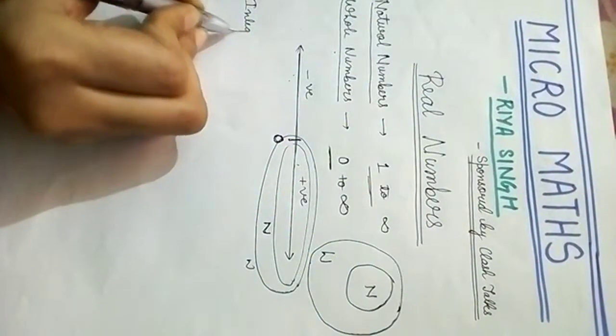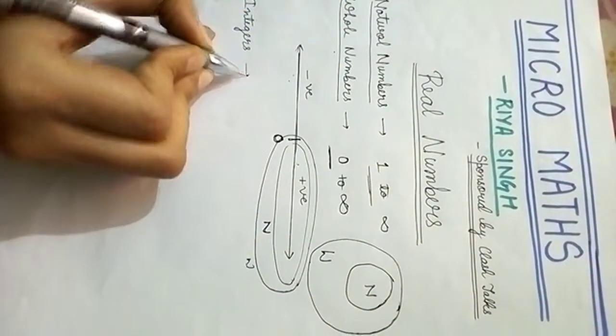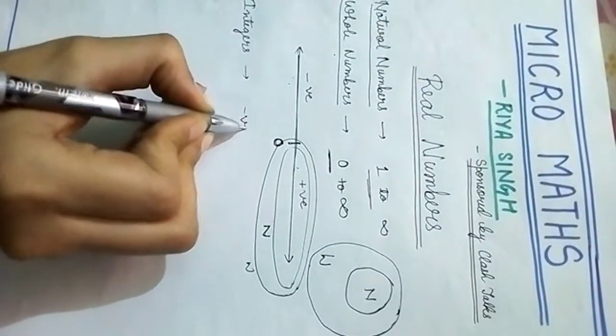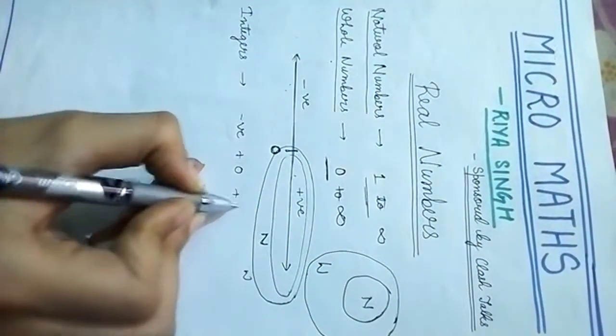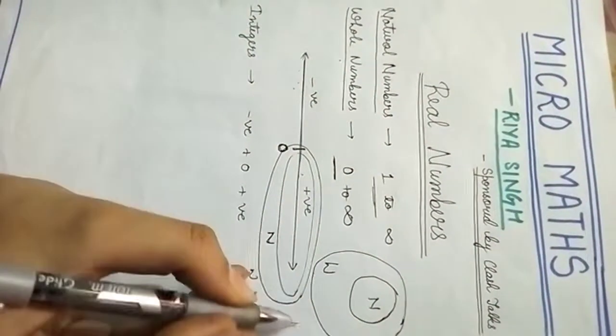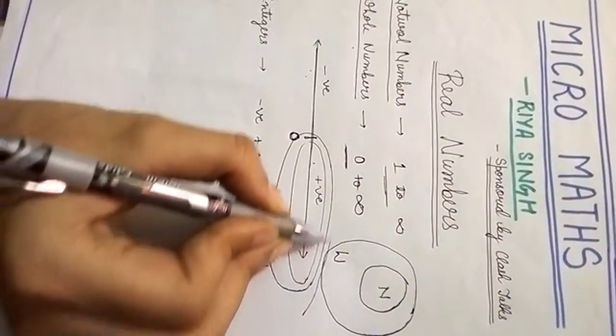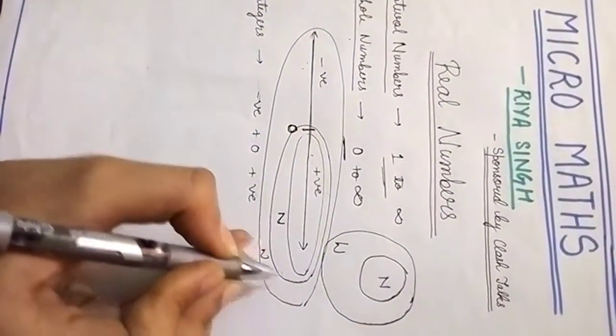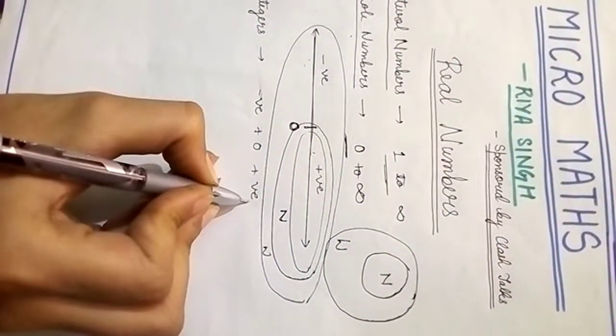These are integers. The integers are negative numbers plus 0 plus positive numbers, or we can say that all the whole numbers plus all the negative numbers of the number line are known as integers.